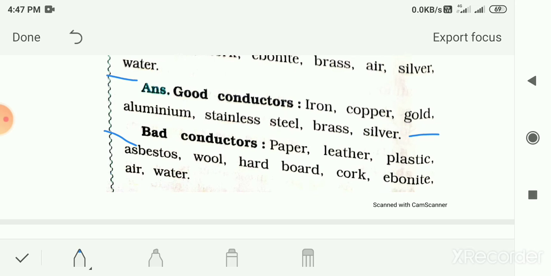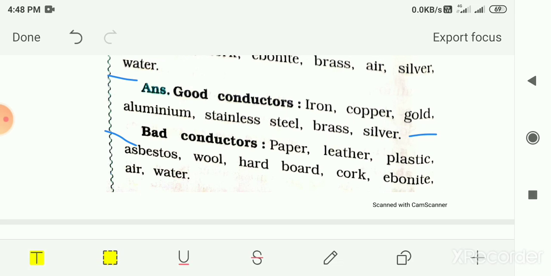Next, the bad conductors of heat: paper, leather, plastic, asbestos, wool, hardboard, cork, ebonite, air and water. So these are the examples of bad conductors or poor conductors of heat. We can say insulators of heat. So this is the classification for good conductors of heat and bad conductors of heat.